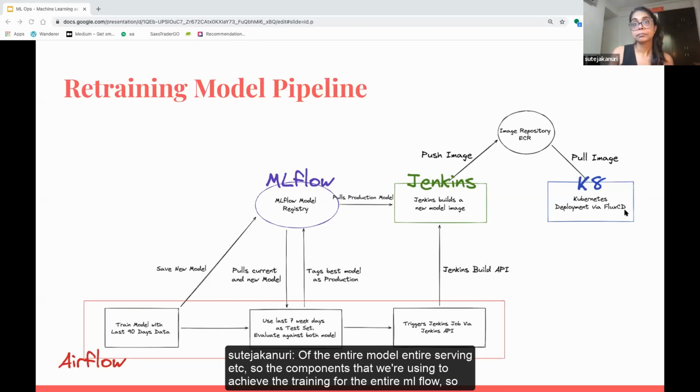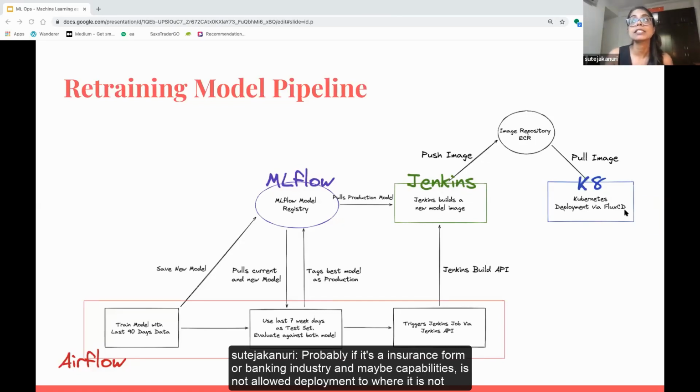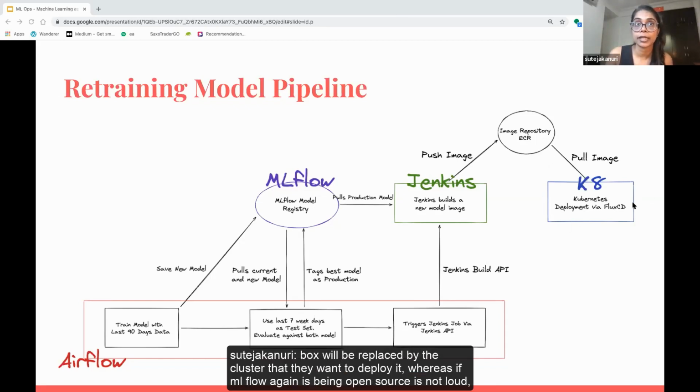And probably if it's an insurance firm or a banking industry, maybe deployment to Kubernetes is not allowed. It can be a homegrown cluster, right? So this entire box will be replaced by the cluster that they want to deploy at.